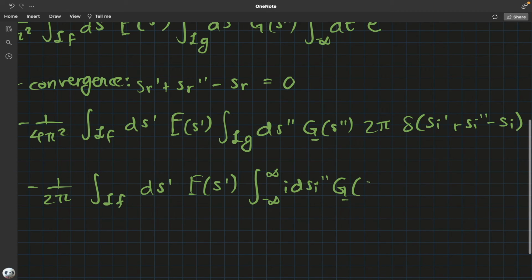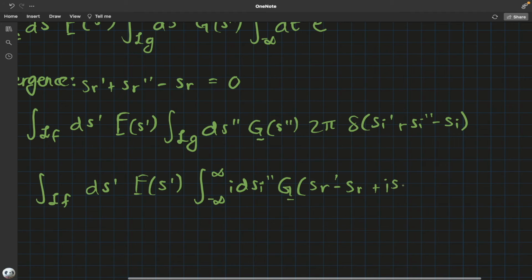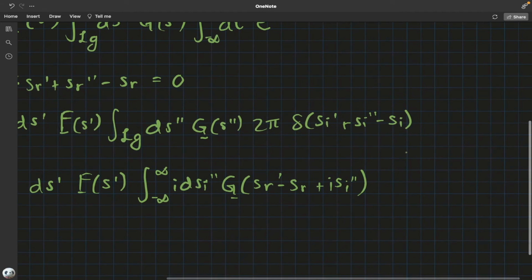So I will have, let's see, I have this. So instead of the real part of the double prime, I can just substitute the prime minus this plus double prime. The imaginary part, always keep that intact.